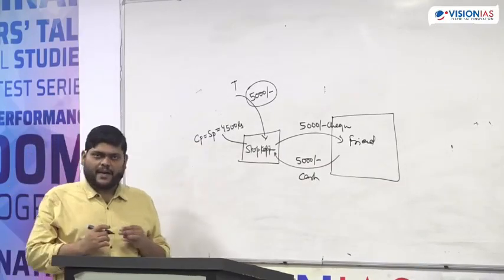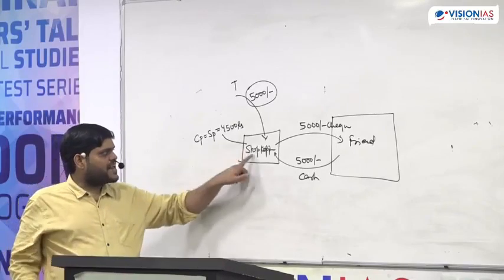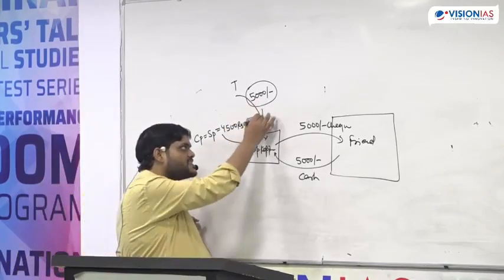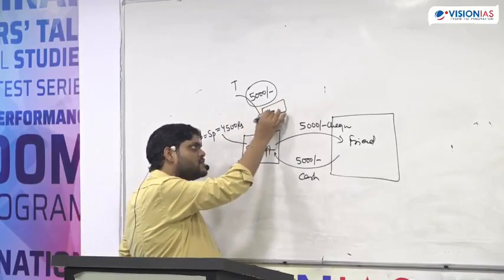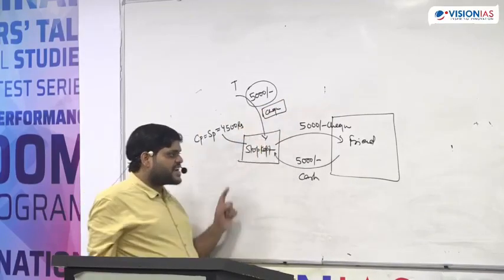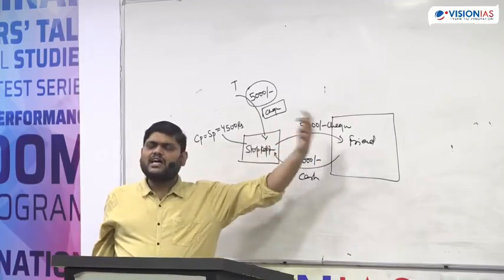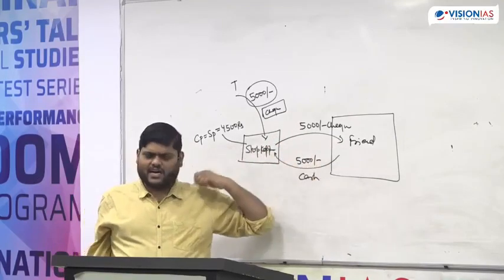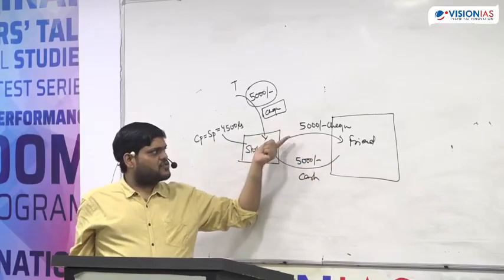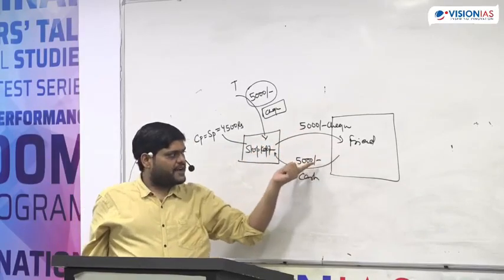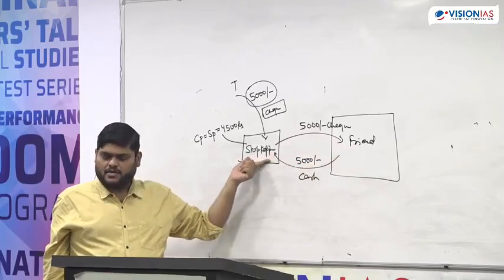Okay, what happened? This shopkeeper has taken the 5,000 rupees check. This check is given to his friend because the friend is a bigger shopkeeper and he has many bank accounts. His friend has given 5,000 rupees cash back.